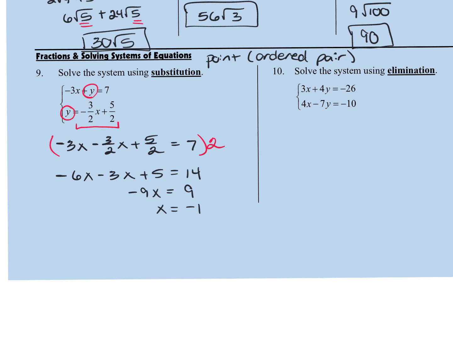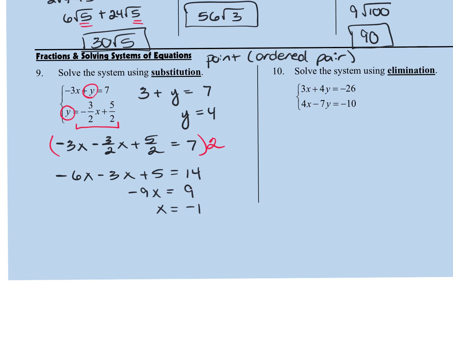It doesn't matter. I'm going to go ahead, I'm going to pick the first one just because it looks a little nicer, but it's actually not even that much better. So I'm going to substitute my -1 in there. That means I'm going to have a -3 times a -1, which is going to give me a +3 plus y equals 7, so y equals 4.